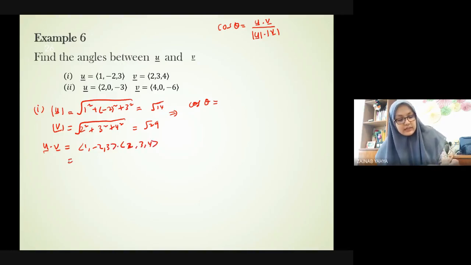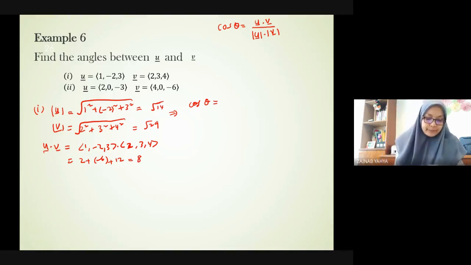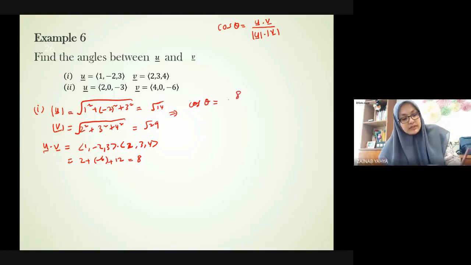So the answer is 2 plus negative 6 plus 12, which equals 8 here. So cos theta equals 8 divided by square root 14 times square root 29.